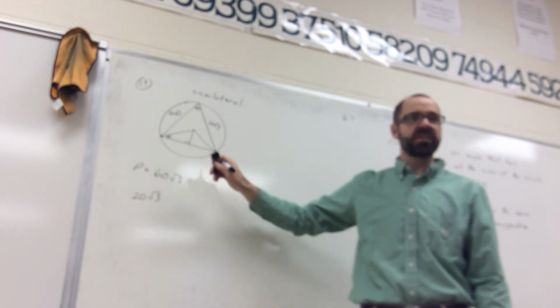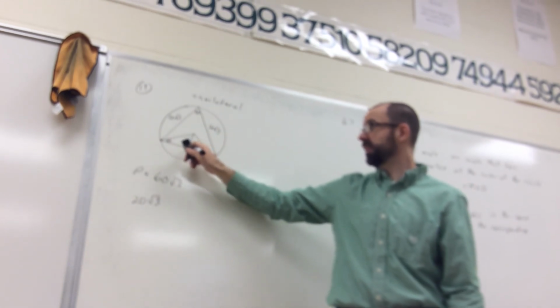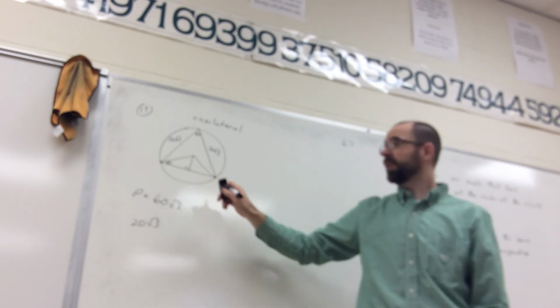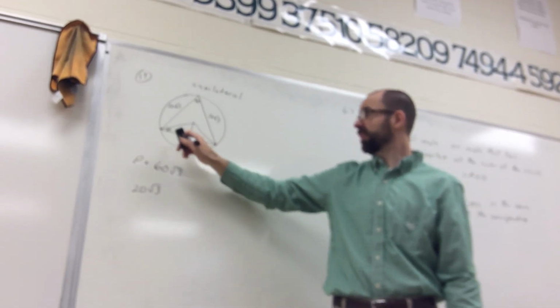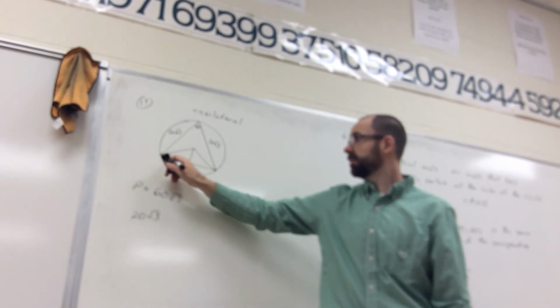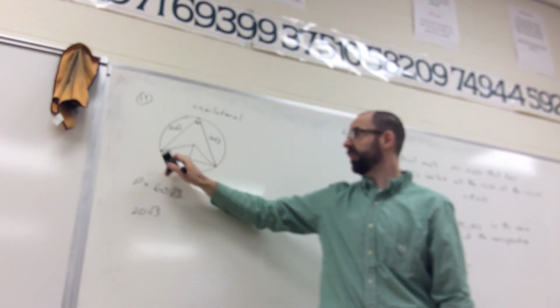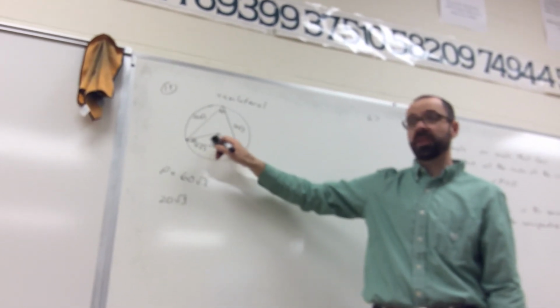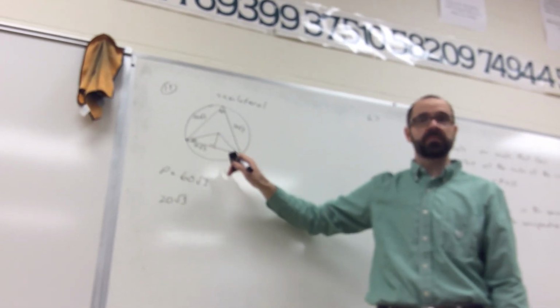So I drew all those lines in, and now I have a 30, 60, 90. All right, so the reason that's important is this used to be 20 root 3. So that makes this 10 root 3. Because I just cut it in half when I drew that line in.